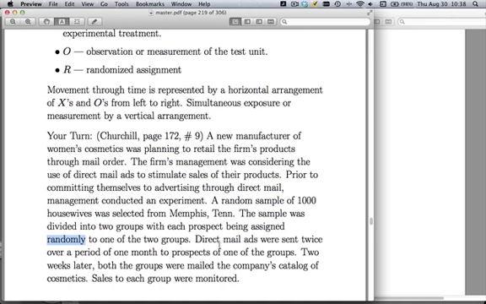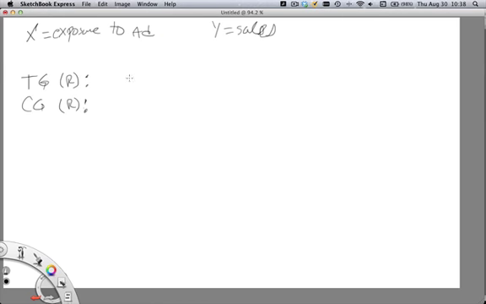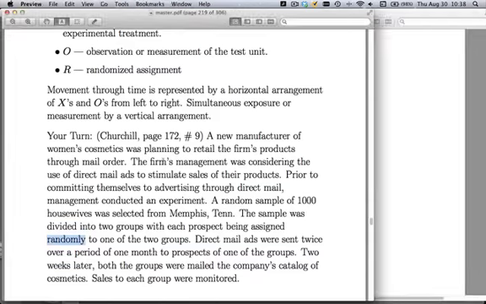So what happens next is direct mail ads were sent twice to the prospects of one of the two groups. So X happens. And what is X? Well, X is exposure to those ads. Again, this is time. So time is going across. What happens next?